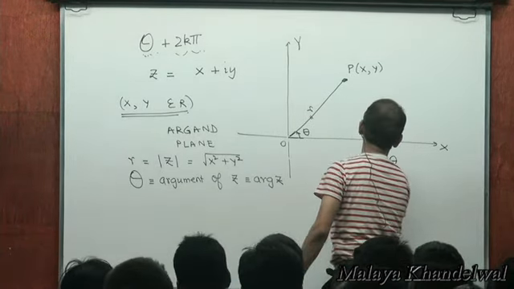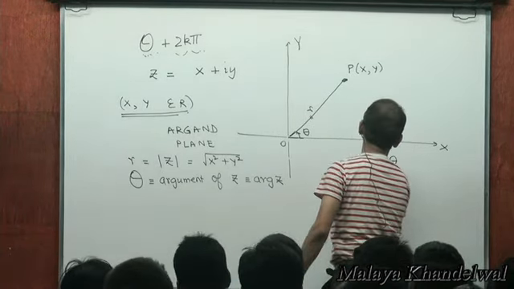Now, in addition to complex numbers that do not lie on the x and the y axis, which means they will not have real part 0 or imaginary part 0, there are complex numbers that lie on the x-axis, the real axis. They will have imaginary part 0, right? If there is a z that lies here, then the imaginary part of this z will be 0. y will be 0, right?